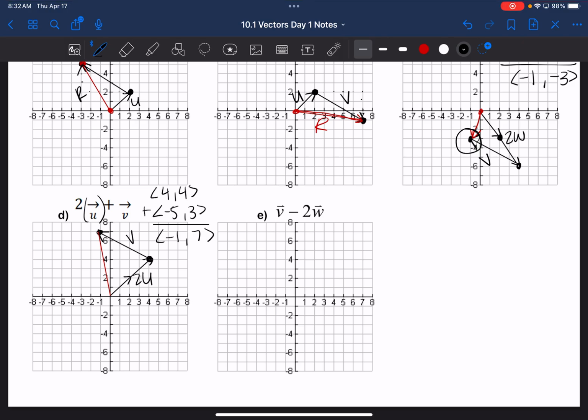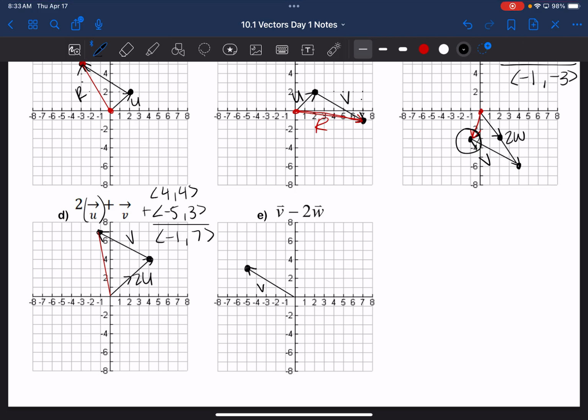Okay? All right, and then for that next one, we do v first. So (-5, 3). So there's vector v. And then it says to go -2w. So w was (2, -3).